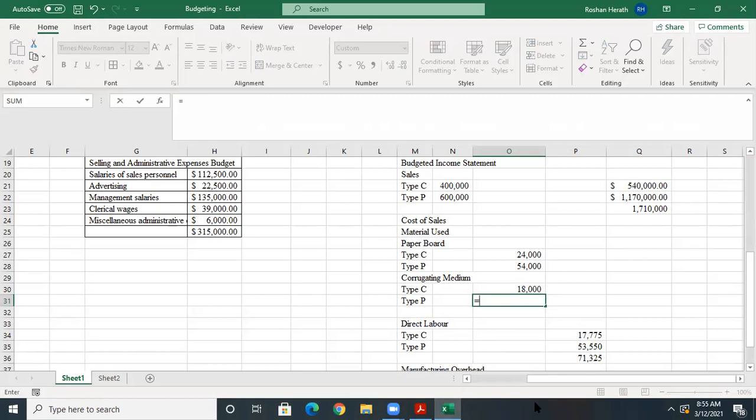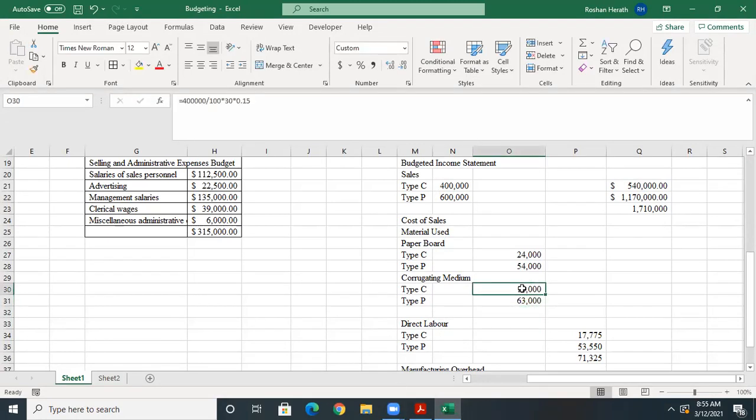Similarly, for product P, you need to produce 600,000 units in 100 quantities, and for 100 units it takes 70 kilograms, and 1 kilogram would cost you 0.15. So you take that, and that's it. Okay. Now you can get the material cost.